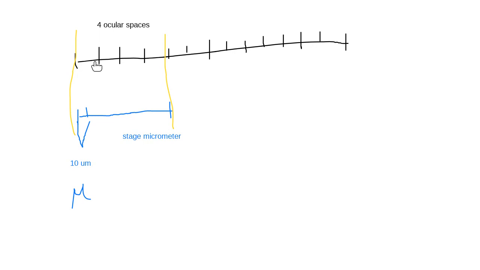So in your table 2 in the lab manual, you will see that it says that 4 ocular spaces correspond to 10 stage spaces. So somebody compared this ruler to this ruler and saw where they coincide, kind of like there are these 2 cars in front of you and their lights are blinking, and at some point they're synchronized.